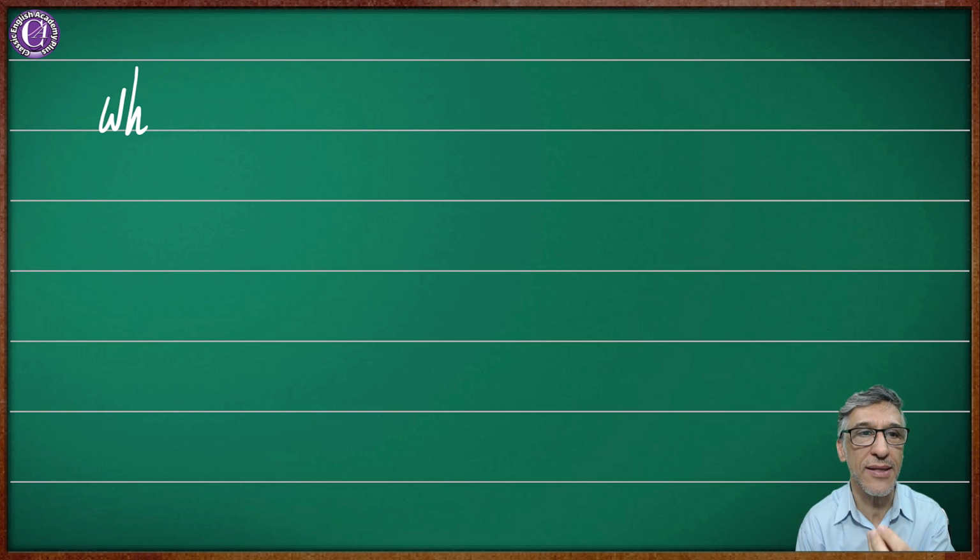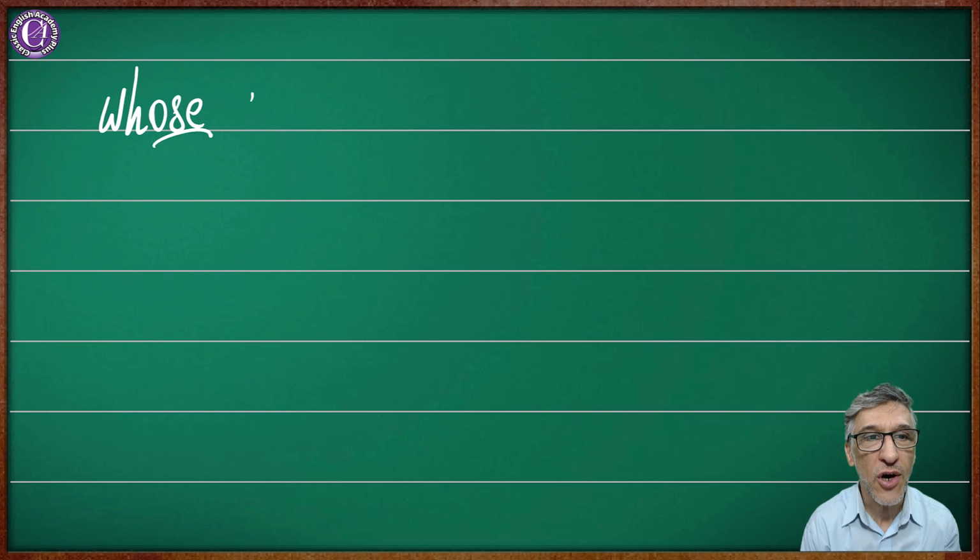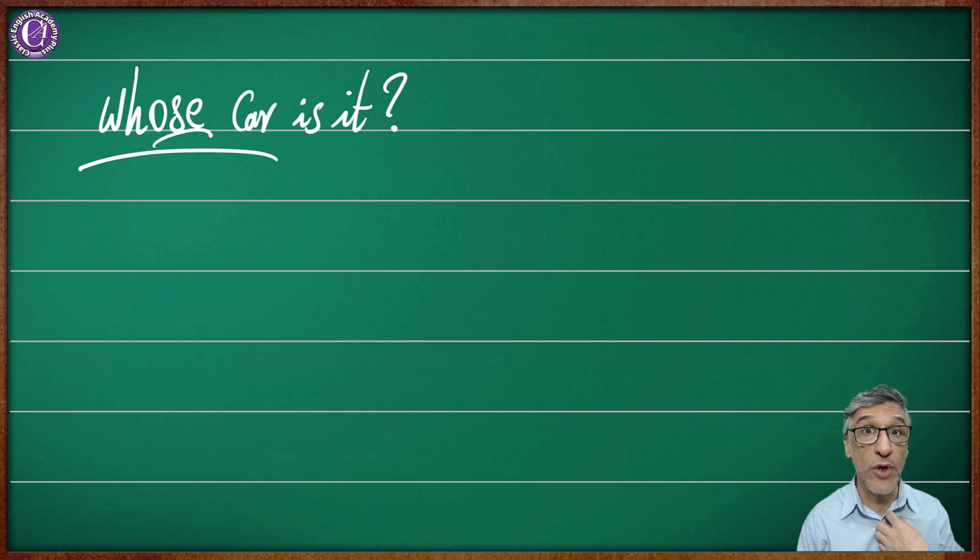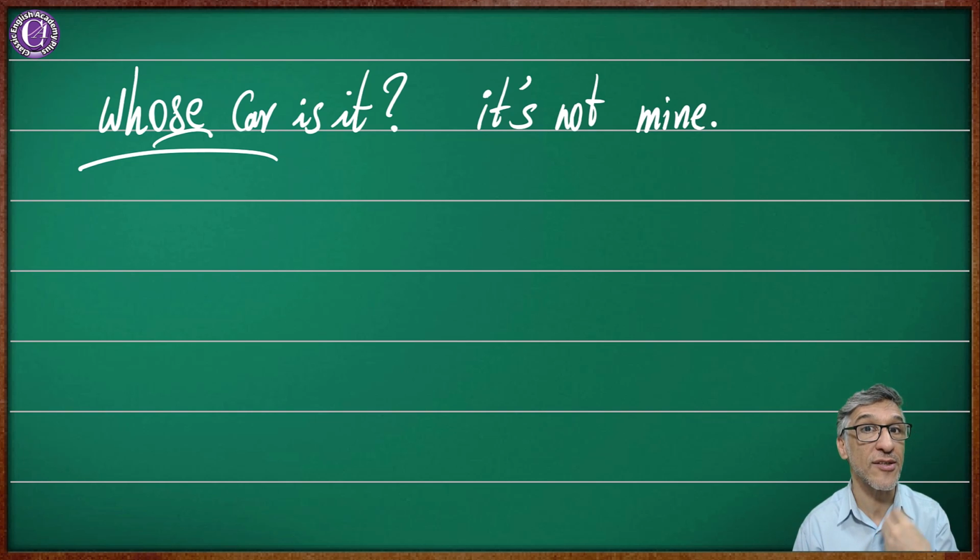We're talking about the details. Whose is exactly about the matter of possessive. Whose car is it? When I do not know whose car it is, say it's not mine. It's not my car. Or you can say it's not mine.